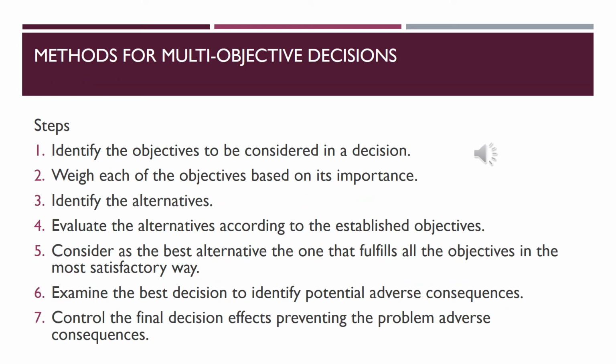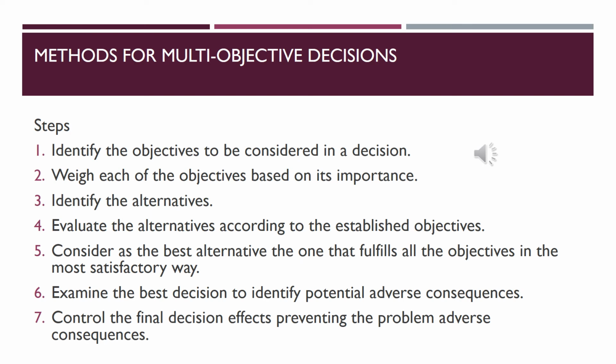Methods for multi-objective decisions. Steps. Identify the objectives to be considered in a decision. Weight each of the objectives based on its importance. Identify the alternatives. Evaluate the alternatives according to the established objectives.